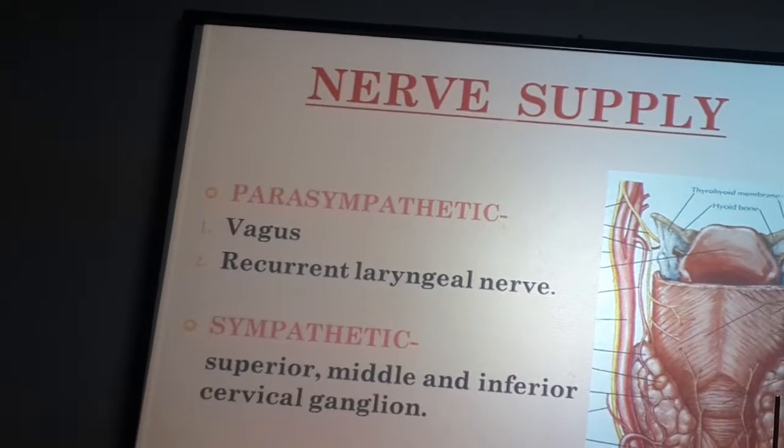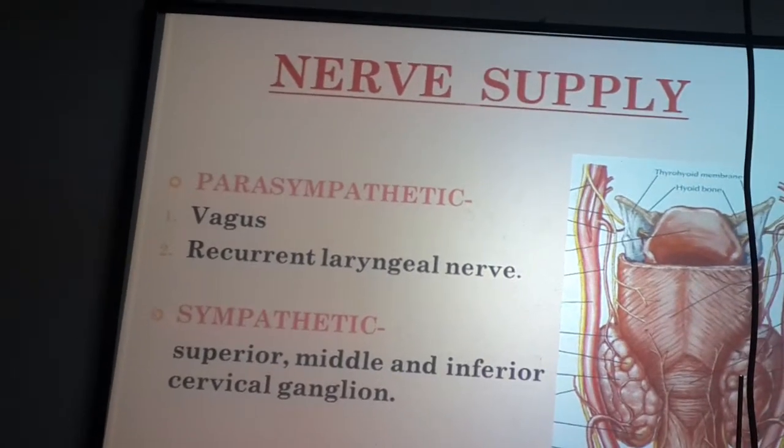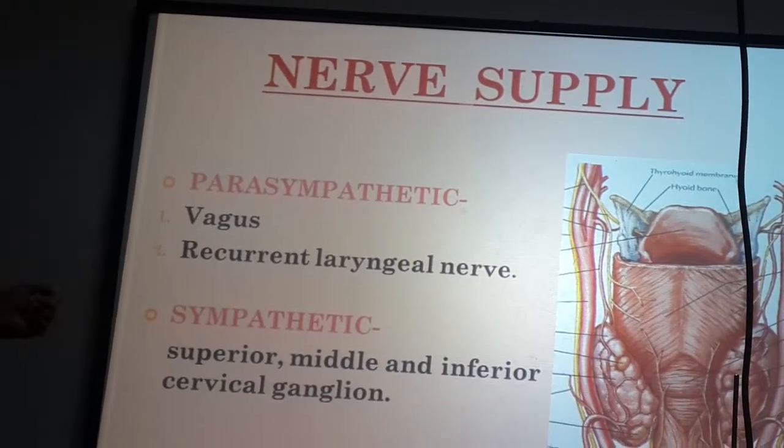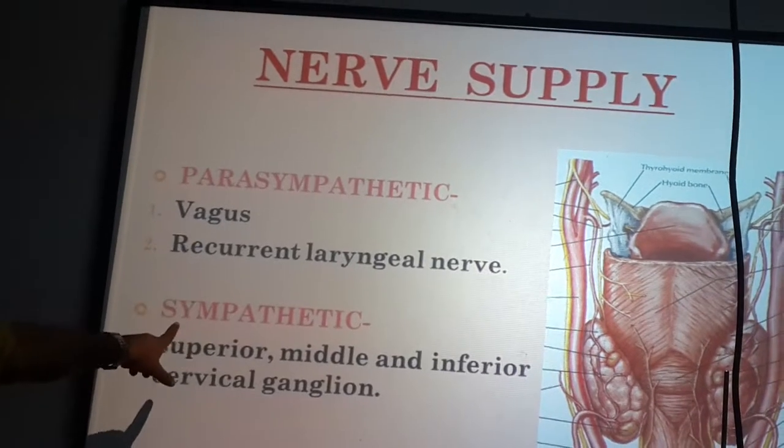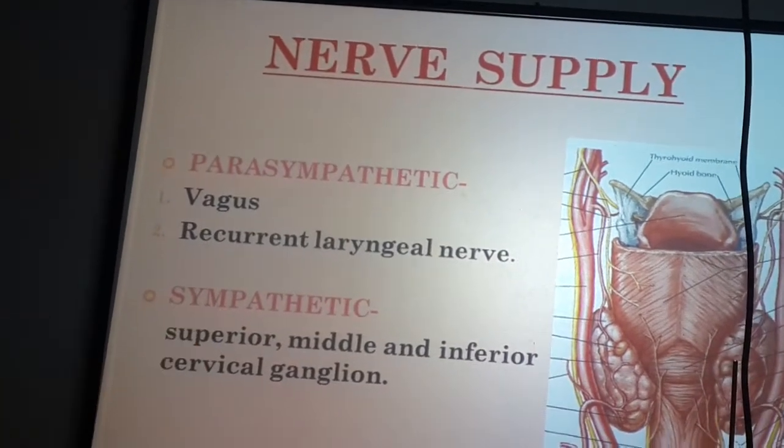Branches from these ganglia supply the sympathetic nerve supply to the thyroid gland.